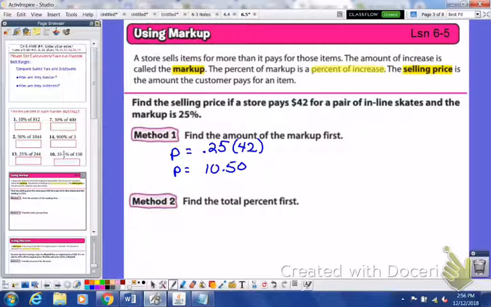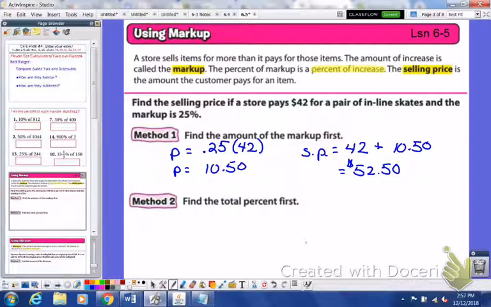Now that I know what the store is marking it up, to find my selling price, we take what the store paid plus what they're adding to the cost. So 42 plus 10.50 gives us a selling price of $52.50. So selling price is $52.50. That's method 1. Find the markup first, add it to the price.